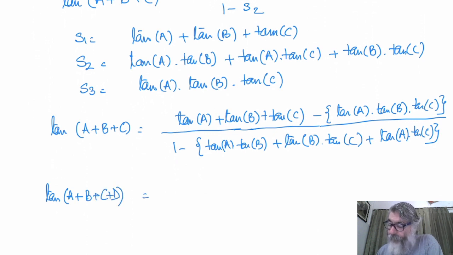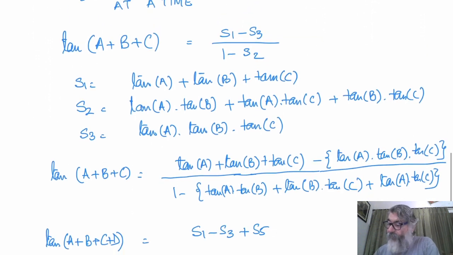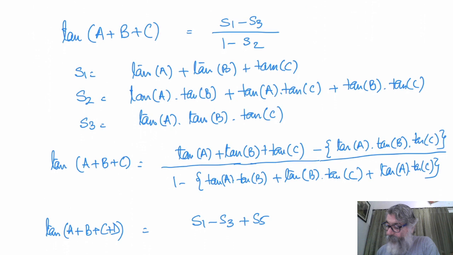Then again in the numerator, S1 minus S3 plus S5. Now, is it possible to have 5 when only 4 are there? So it is not possible. Then 1 minus S2 plus S4.